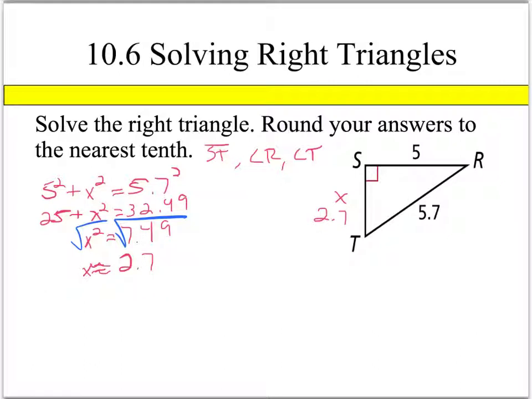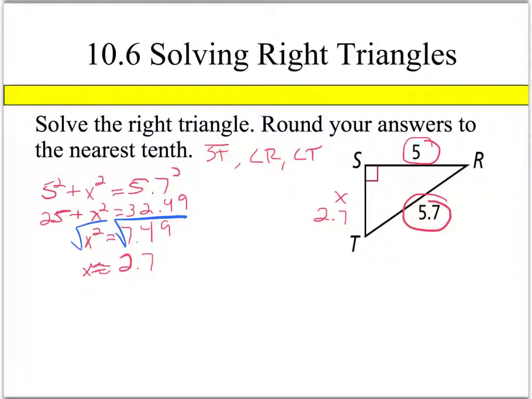About 2.7. Okay, so now because it's about 2.7, I want to use a trigonometric ratio that uses the information that was already given, which is 5 and 5.7. We know two trigonometric ratios that use the hypotenuse. Which ones are they? I hope you're thinking sine and cosine.